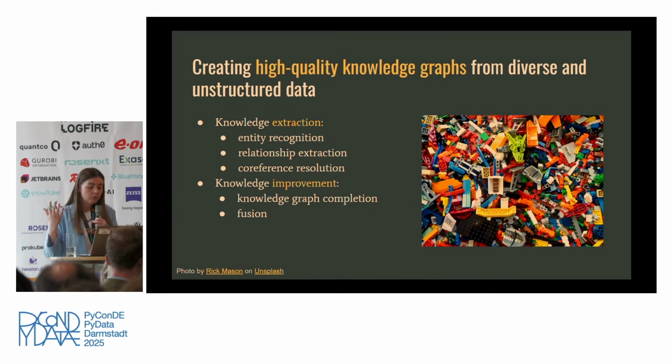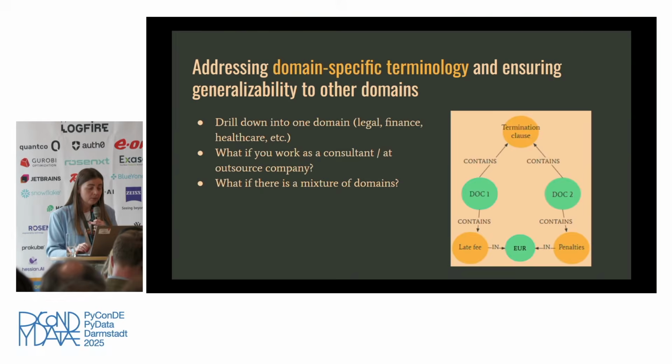So we need to pay attention to it and examine it. Also, this is heavily domain specific, because as a company you would like to focus on the terminology that is essential to your business, and as a data scientist who builds this graph, you need to drill down into one domain, whether it's legal clauses, finance, healthcare, etc.